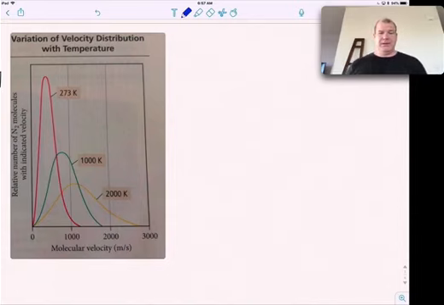But the thing is at a low temperature, let's say that you need this much energy for the paper to burn.